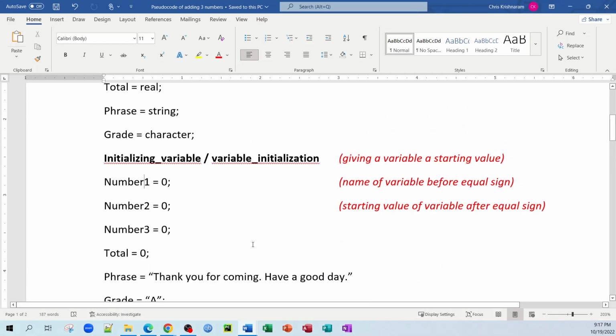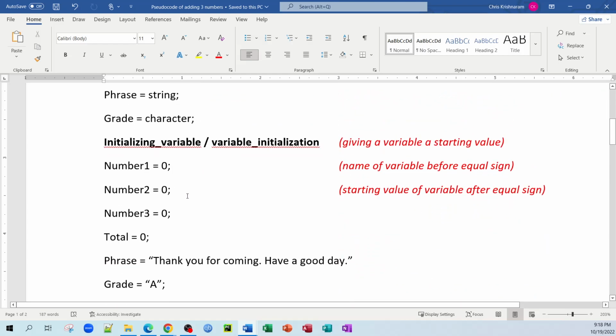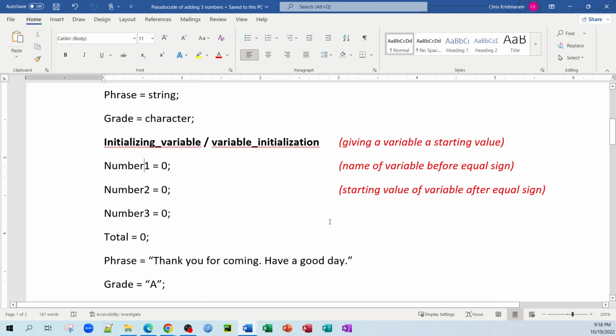Now, so that there is declaration, that's your title, that's initialization, that is the constant given a variable of value. So I'm going to put it aside here.